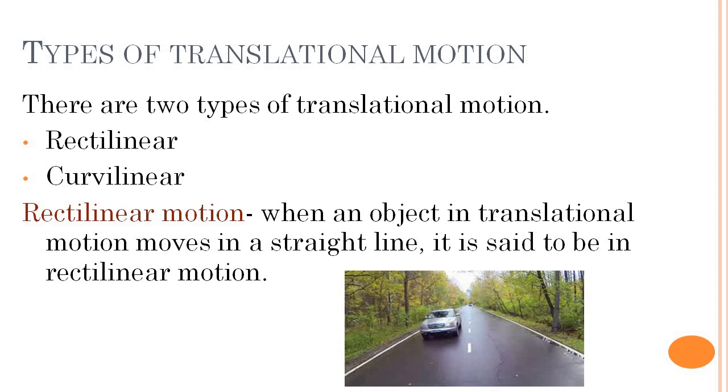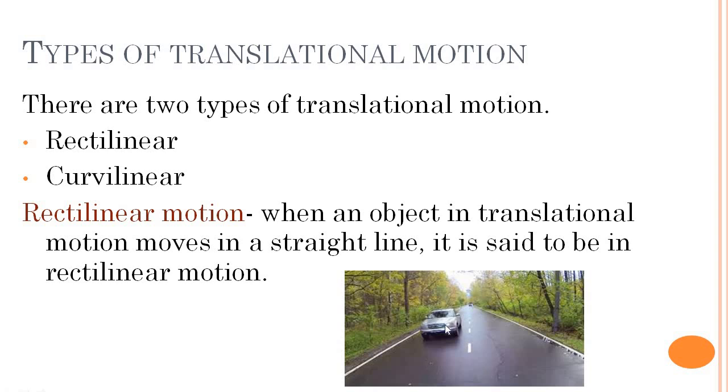Now coming to the rectilinear motion. When an object in translational motion moves in a straight line, it is said to be in rectilinear motion. Translational motion means all parts of the object cover the same distance in a given time. So when such an object moves in a straight line, it is said to be in rectilinear motion.